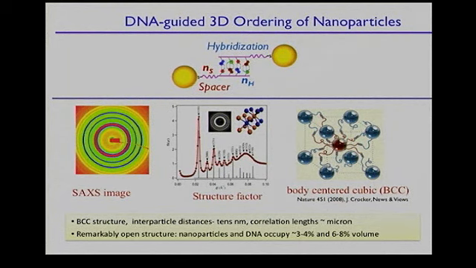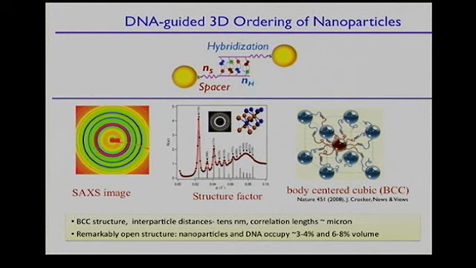And this particular pattern corresponds to what we call a body-centered cubic lattice. This body-centered cubic lattice is basically formed by particles sitting in the corners of the cube, and a particle which has recognition properties to those, blue and red, sits in the middle. This was the first observation of a periodic structure formed by particles interacting through DNA.